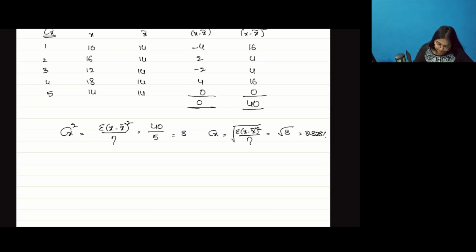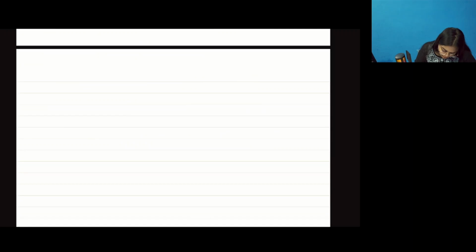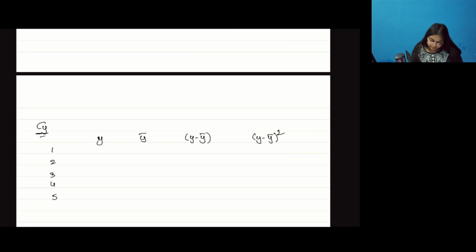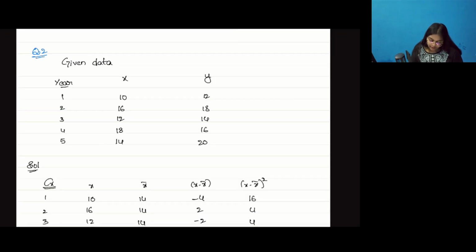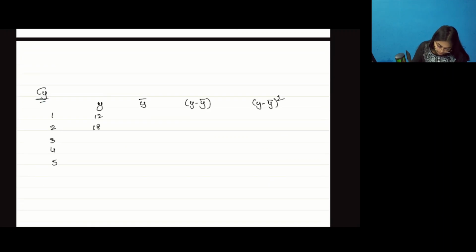Now we have to go for sigma y. Years 1 2 3 4 5, y bar, y minus y bar, y minus y bar whole square. The y values are 12 18 14 16 20.